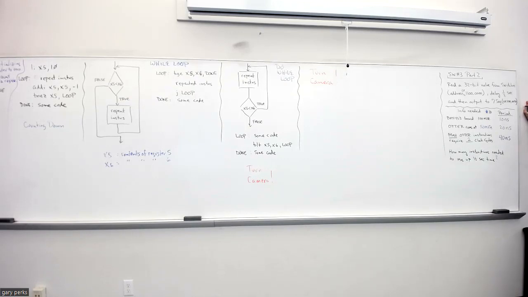So how could we find how many instructions are in half a second when each instruction takes 40 nanoseconds? Divide what by what? Half a second over 40 nanoseconds. Yeah, because sometimes people get it backwards. But yes, it's half a second divided by 40 nanoseconds.